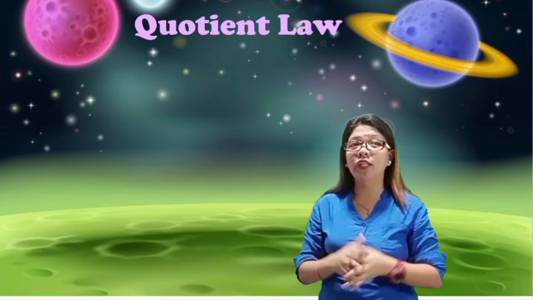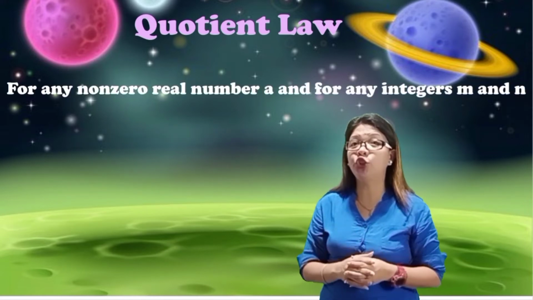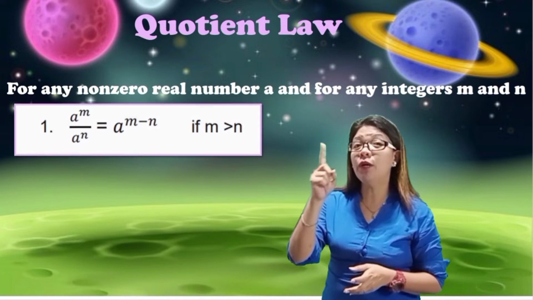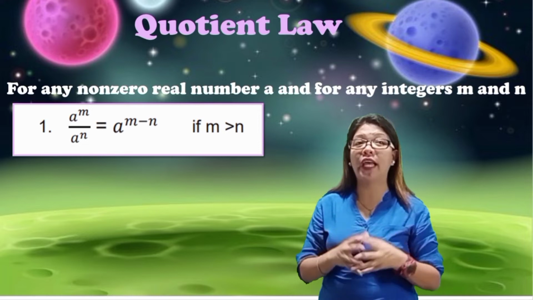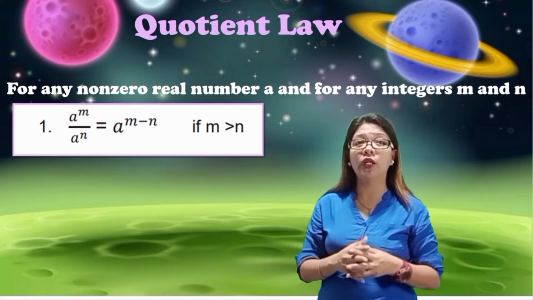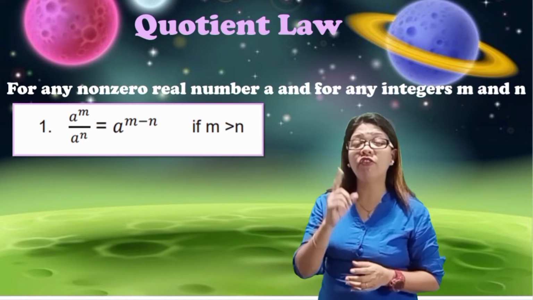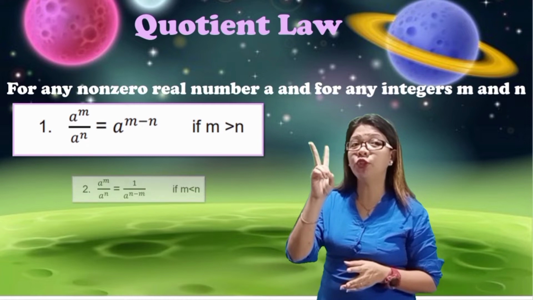Quotient law. For any non-zero real number a and for any integers m and n. Number 1. A raised to the m power over a to the n power is also equivalent to a raised to the m power minus n, if m is greater than n. Number 2.